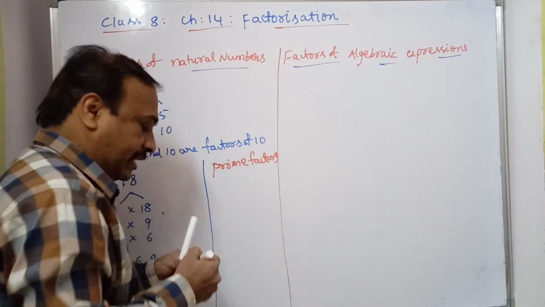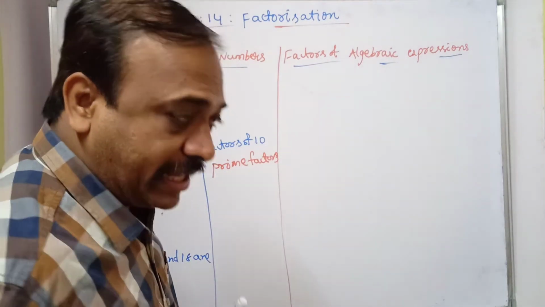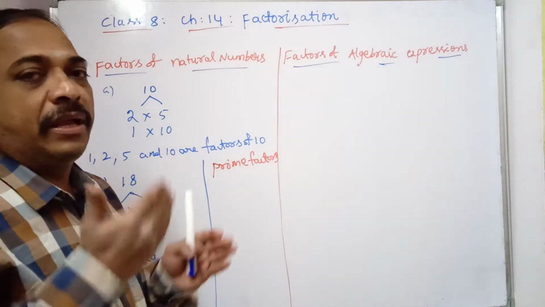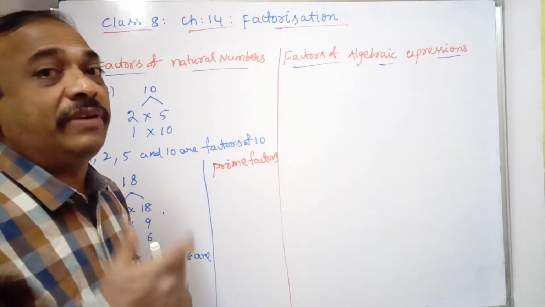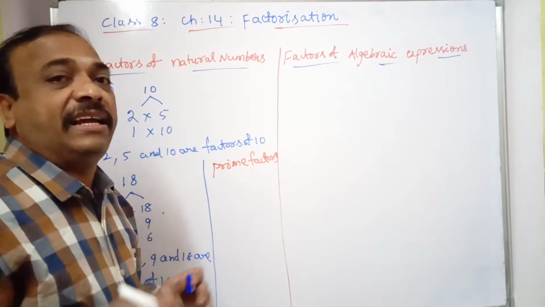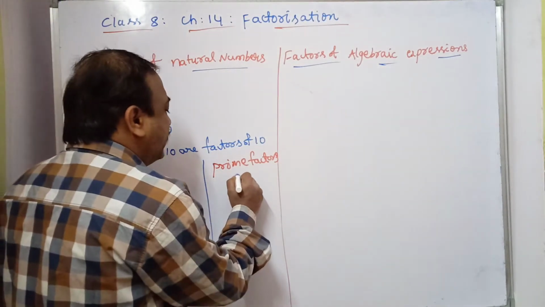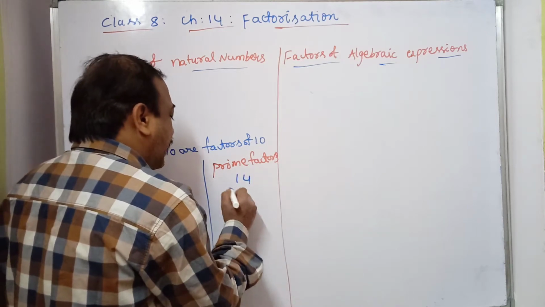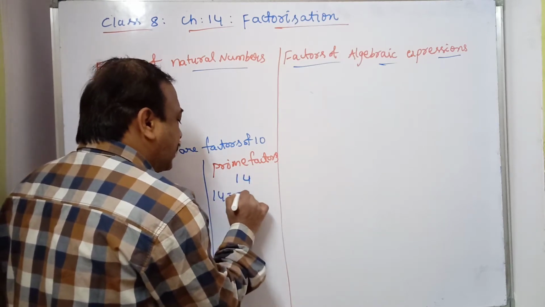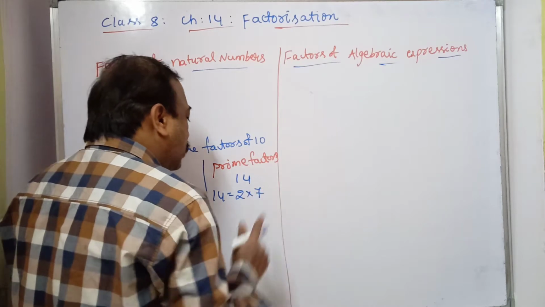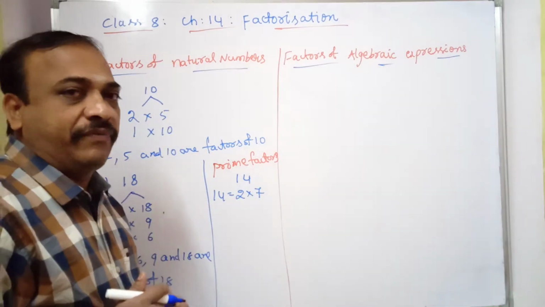The number should be expressed as a product of its prime factors. Like 14: 14 is equal to 2 into 7. 2 is a prime factor and 7 is a prime factor.